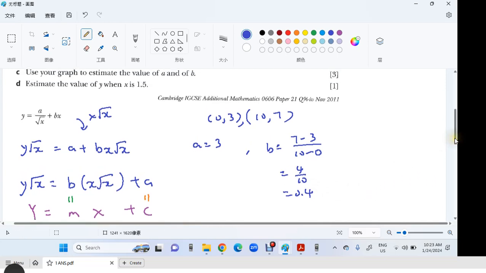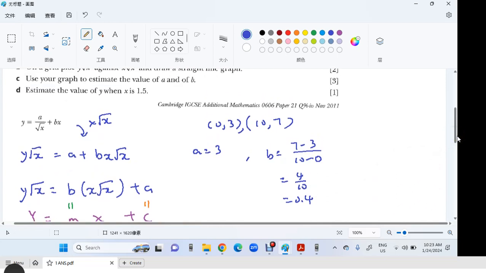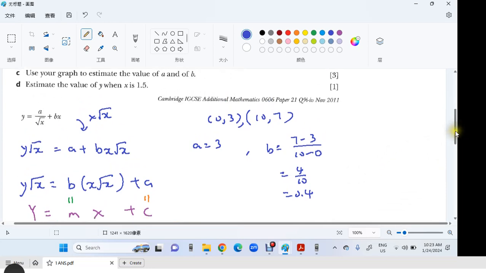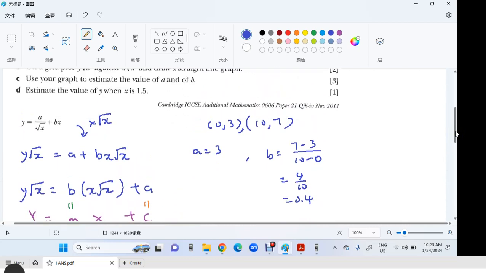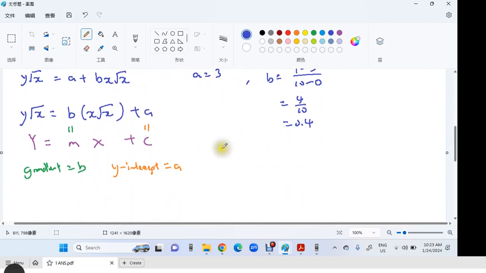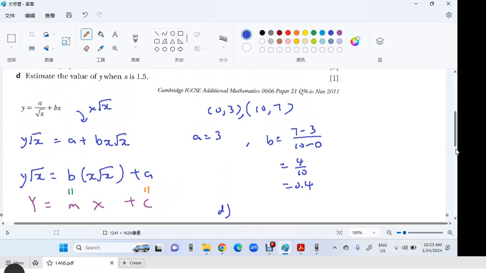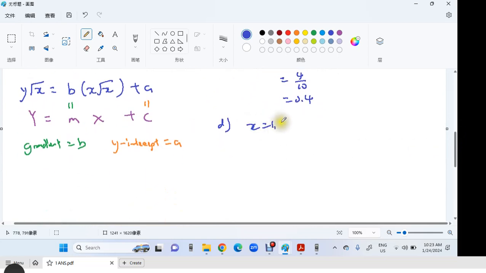After that, we need to estimate the graph value of y when x is 1.5. So for part d, x equals 1.5. The graph that we have is x square root x.